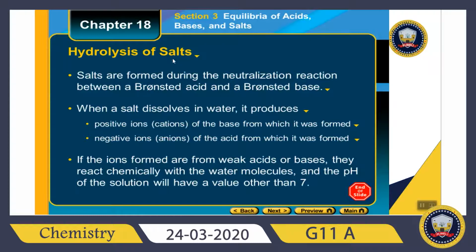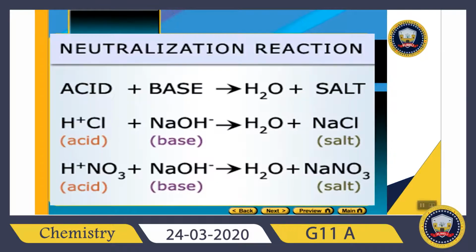So if we add or dissolve salts in water, they will be hydrolyzed. Hydrolyzed means they will be broken down. Broken down to what? To ions. So, our section today. This is the main equation: acid plus base will produce water plus salt.